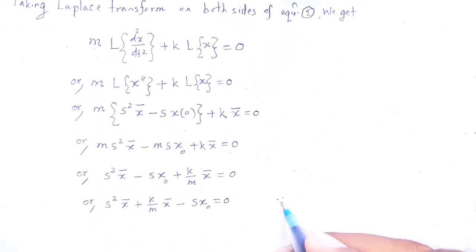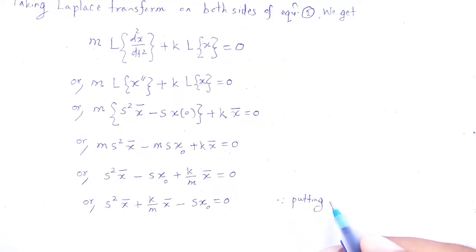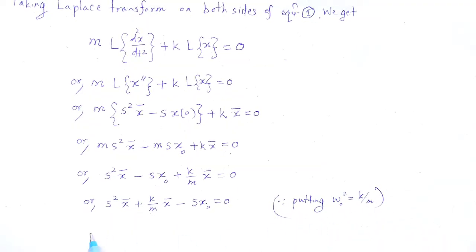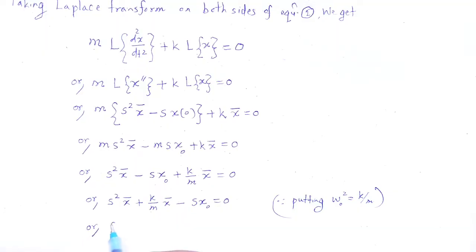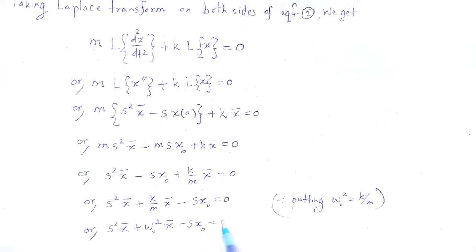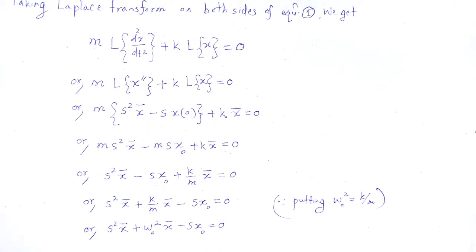Let us substitute omega naught square is equal to k by m, so s square x bar plus omega naught square x bar minus s x naught is equal to 0.